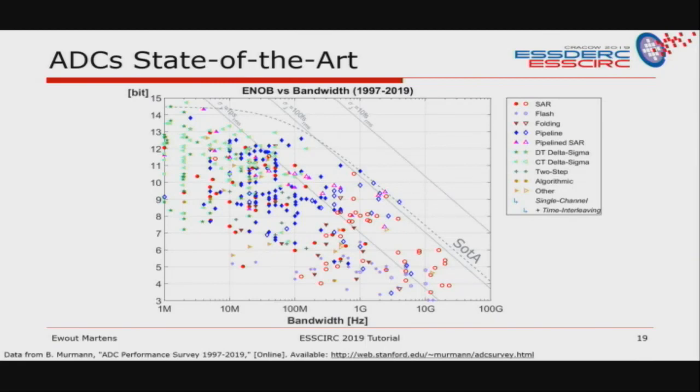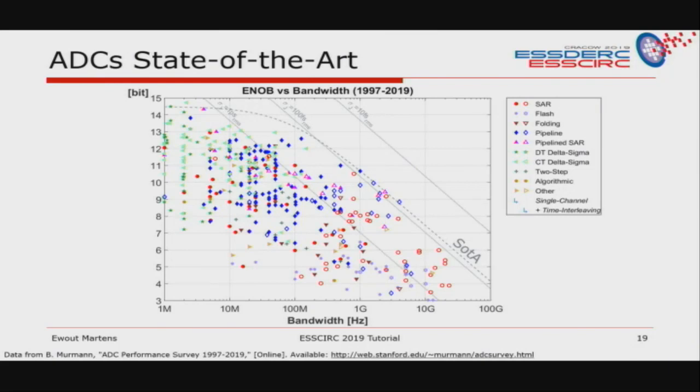Let's look at state of the art. These are all the designs published at ISSCC and VLSI conferences, showing the number of bits, the ENOB, versus the bandwidth, and the different symbols indicate the different architectures of the ADC. And there is an envelope that you can see, which is the state of the art.